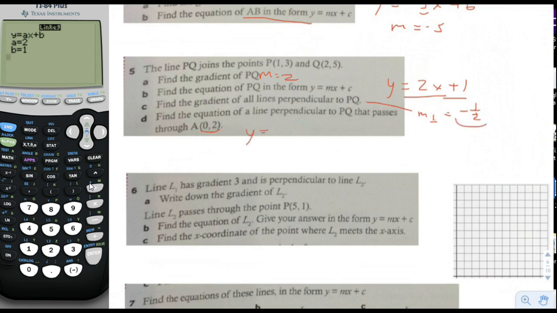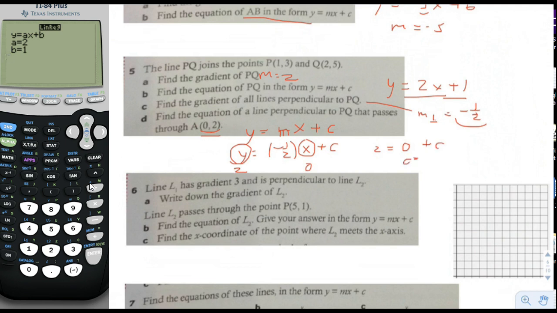So let's try to use algebra to do this. Okay, we could do this by graphing, but so we know that m is negative 1/2. We don't know what c is, but we do know one combination of y and x which makes c the right number, which is 0, 2. So what if we put 0 here and 2 here? That'll say negative 1/2 times 0 is 0 plus c.